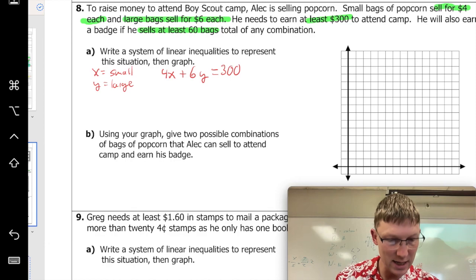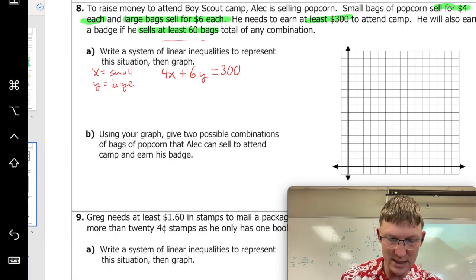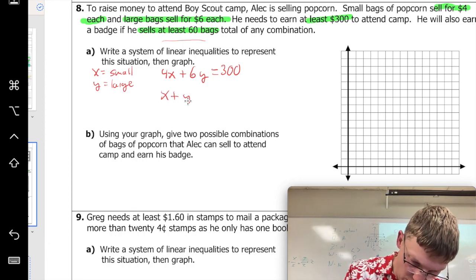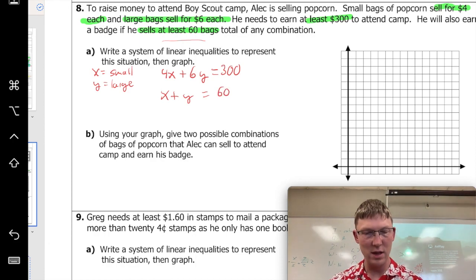Our second equation is if he sells at least 60 bags total, so X plus Y equals 60, he gets the badge or the award.